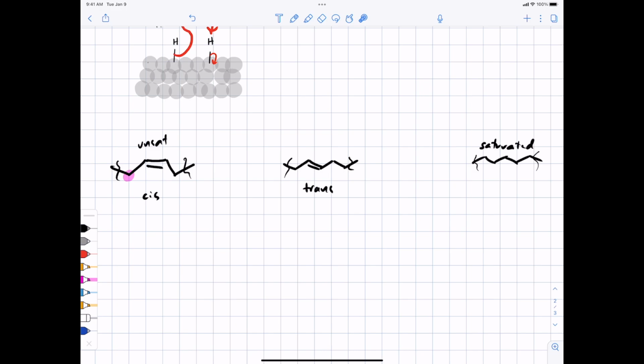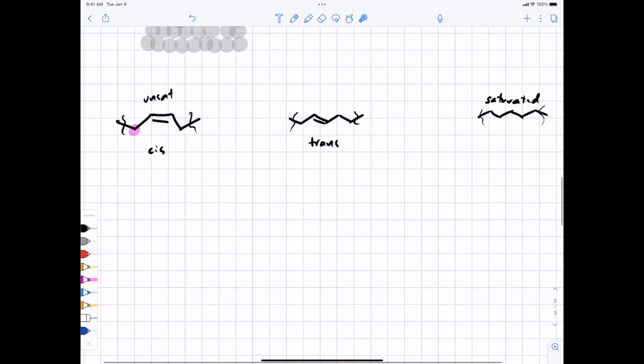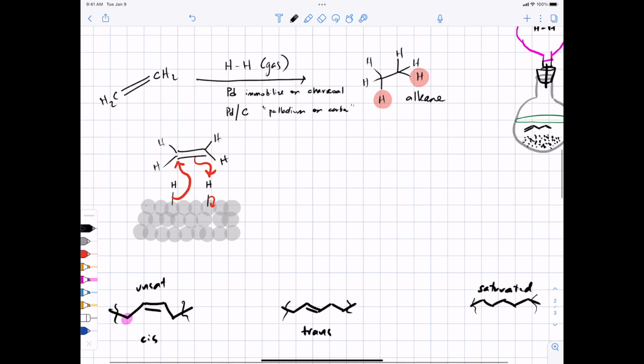what we'll do now is talk about what if you wanted to do this with an alkyne. One more thing. Because all of this happens on a surface, it is technically a syn addition. However, you can't tell for this simple alkene or olefin because there's no stereocenters. There's no way to tell that those 2 hydrogens were added to the same side of the alkene.